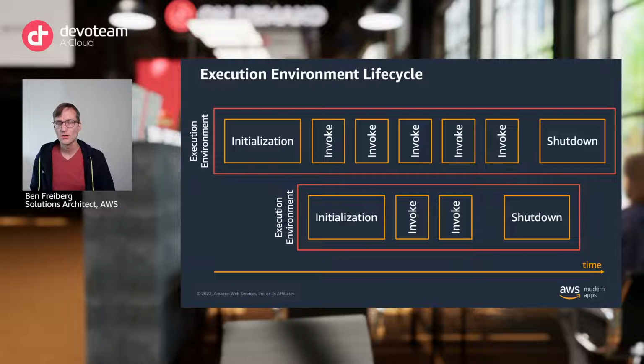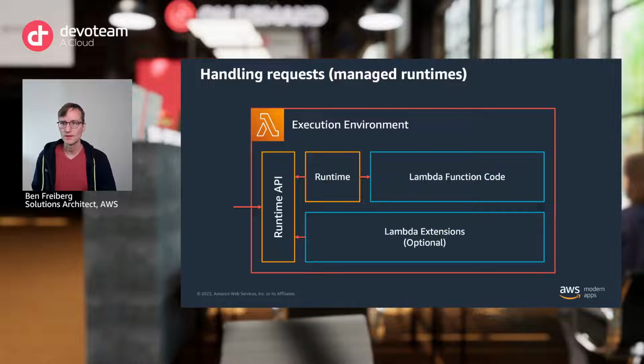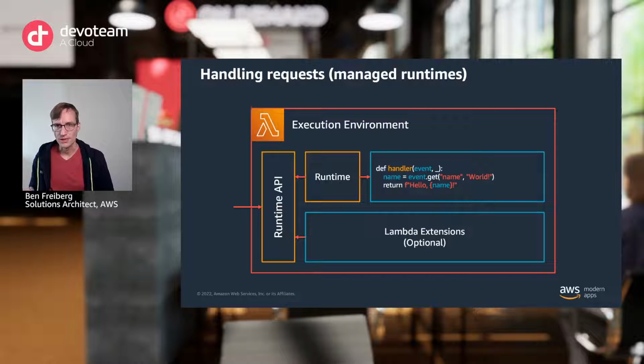So let's look a bit more into detail at the differences between managed runtimes, custom runtimes, and container images. In the case of managed runtimes, so runtimes that the AWS Lambda service manages for you, you just need to provide your function code as well as any optional extensions. Meaning you provide really just your business logic, the handler, whatever you need your function to perform.